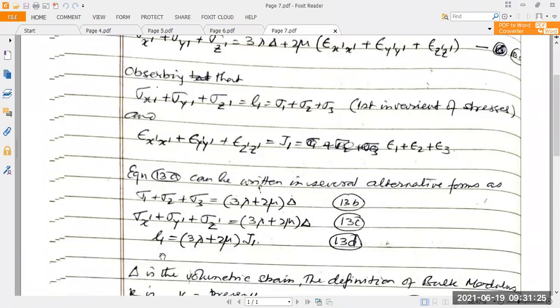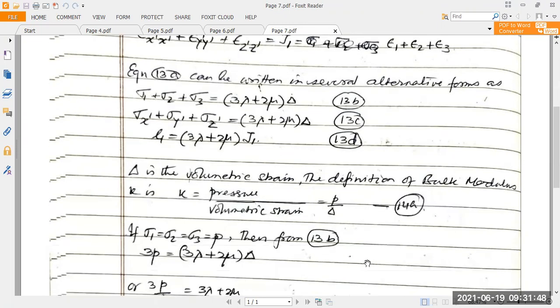And L1 is thus equal to 3 into lambda plus 2 into mu times J1 itself. So you can simply put it as J1 itself, where delta is the volumetric strain.